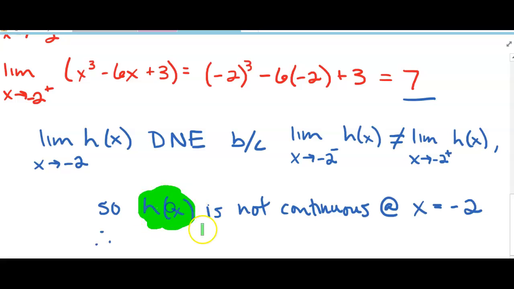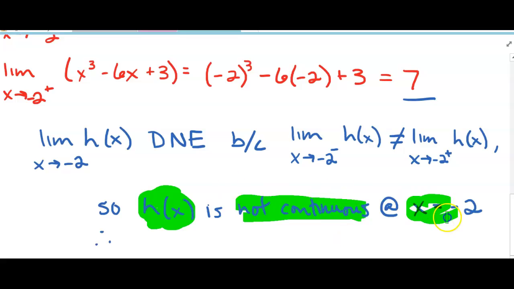I don't just say it. I want to say h of x. That is the function we're working with. I need to say, is it continuous or is it not? I need to be specific about the x value that I'm talking about. I can't just say h of x is not continuous because of this. I need to say, where is it not continuous? And I've included that piece here.